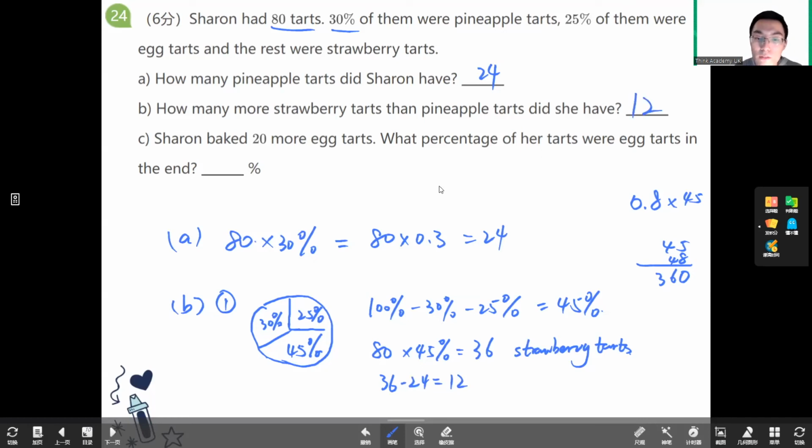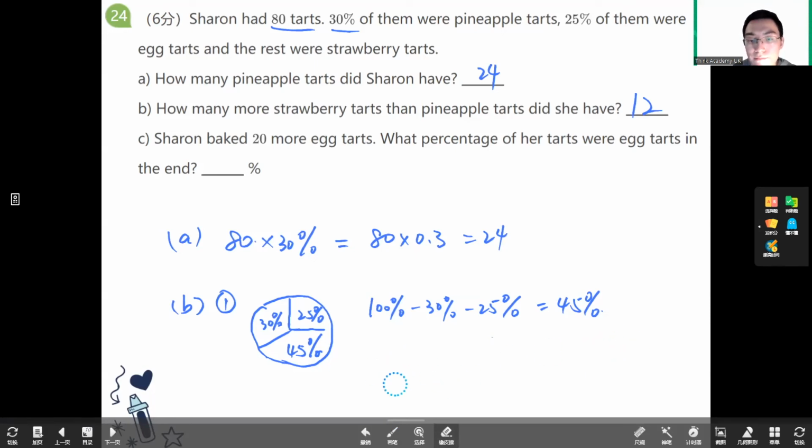And then we can look at method 2. Clear some space over here. You can look for the difference in percentage directly, and then multiply that difference in the percentage with 80, and that will also give you the correct answer. So 80 is the whole, multiply the percentage for strawberry tarts, which is 45%, minus the 30% of the pineapple tarts.